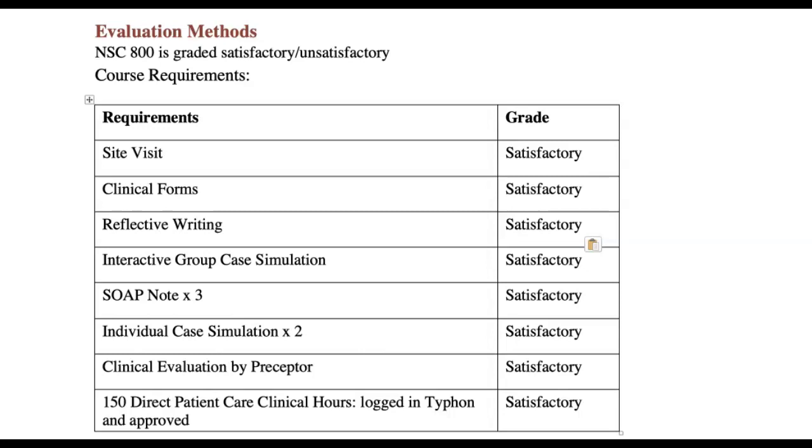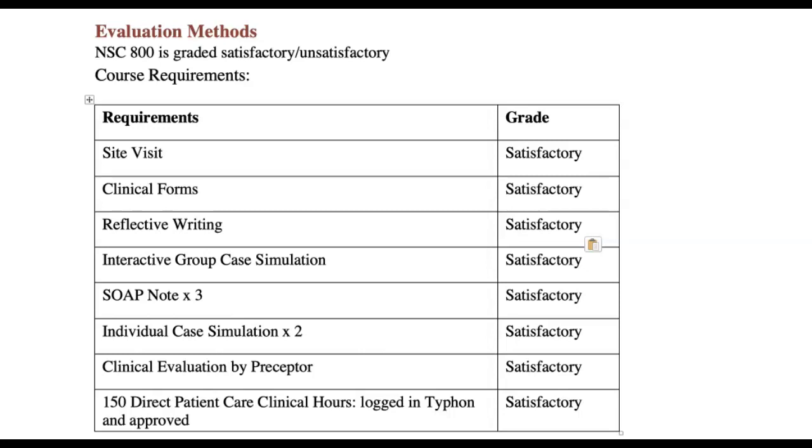Satisfactory on all clinical forms. The first reflective writing is due by the end of the first week, so we'll make note of that on your calendar. And then we're going to start out with an interactive group case simulation with an acute and chronic case to learn from each other and refamiliarize ourselves with that process so that we're prepared for the 2 individual case simulations.